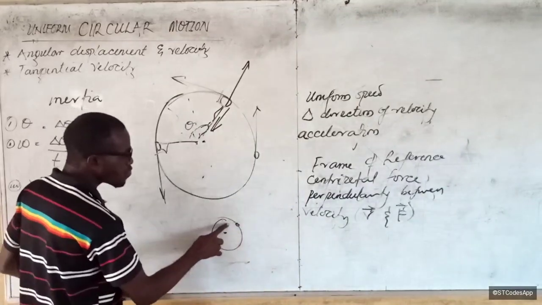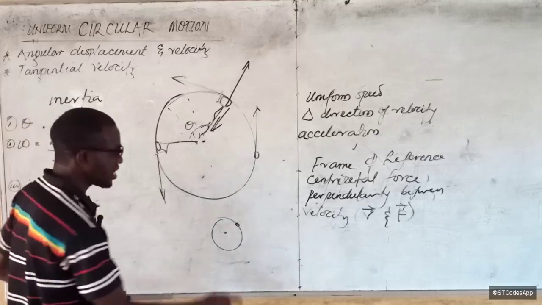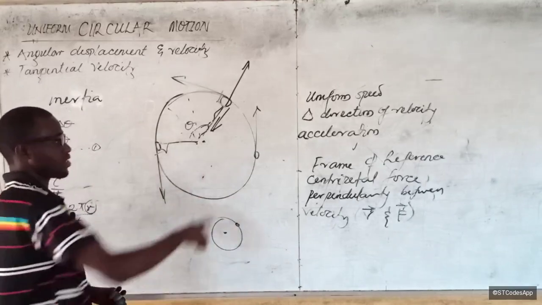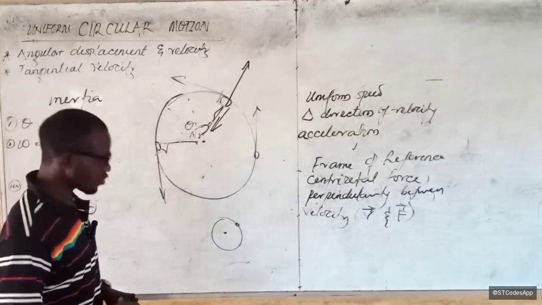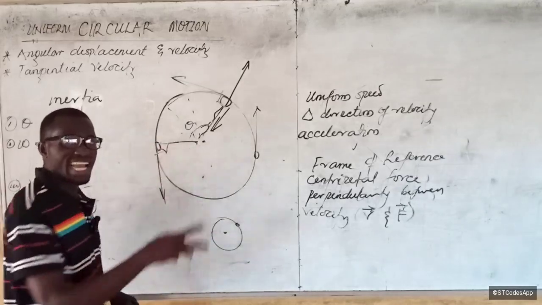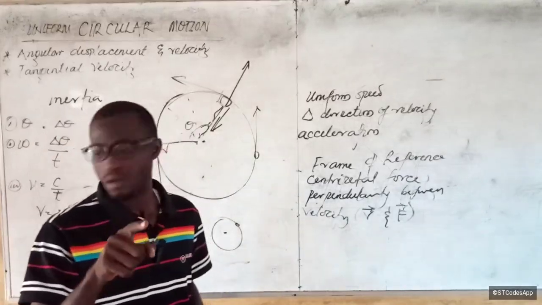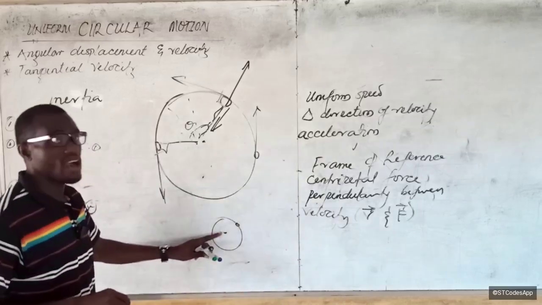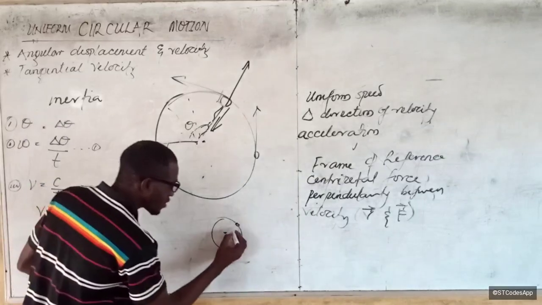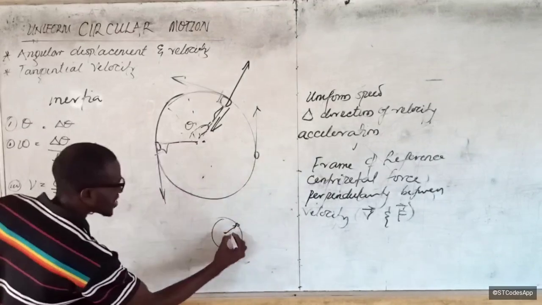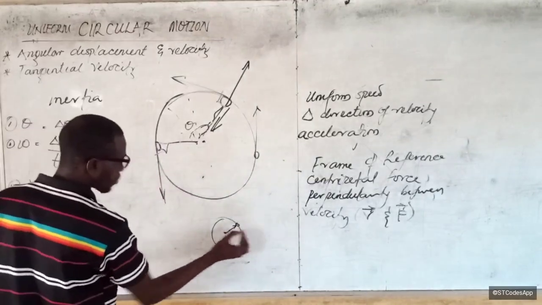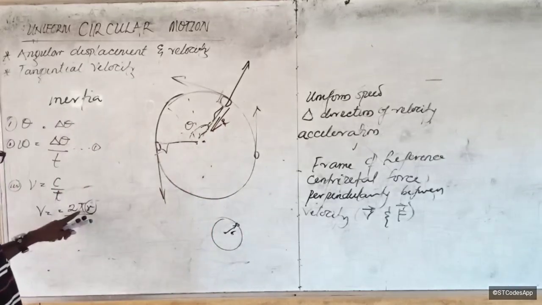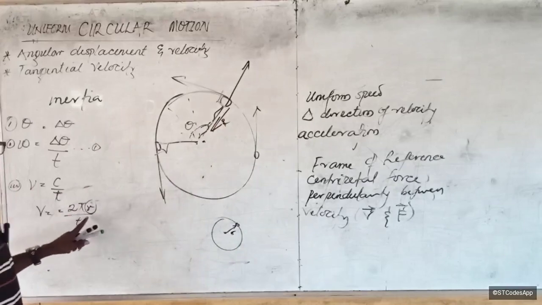This body in the smaller path is going to move a little faster than the body in the wider path. So they have different tangential velocity but the same angular velocity. Why? The tangential velocity is relative to the radius. The radius of this is smaller, while the radius of this is bigger. So that's why the tangential velocity is 2 pi r over t.